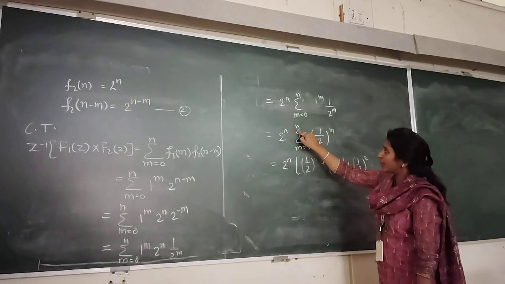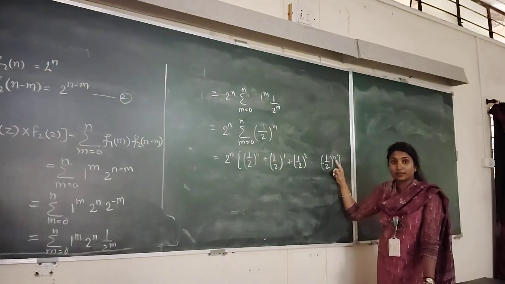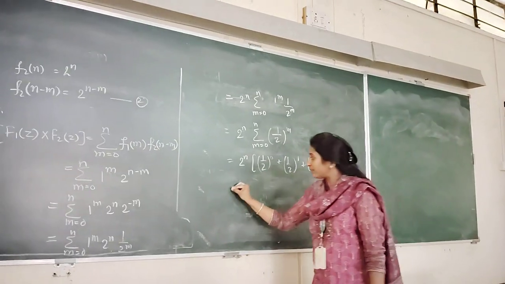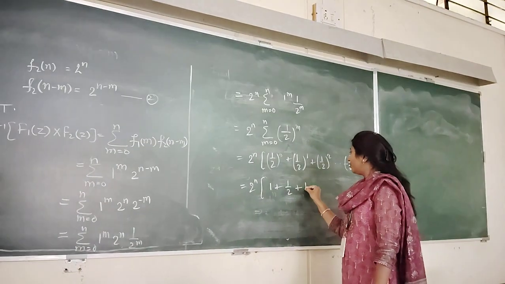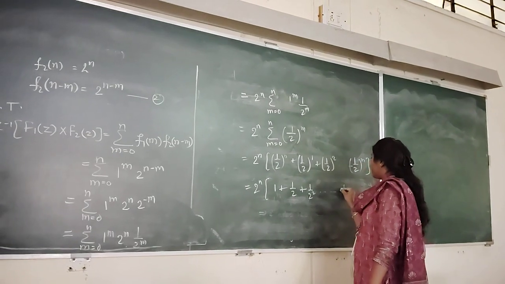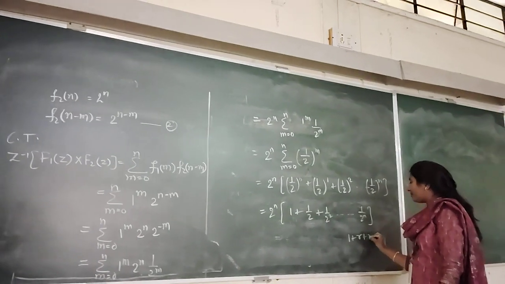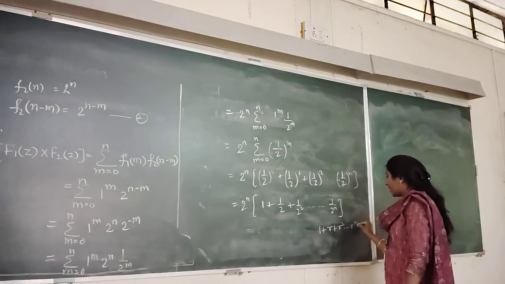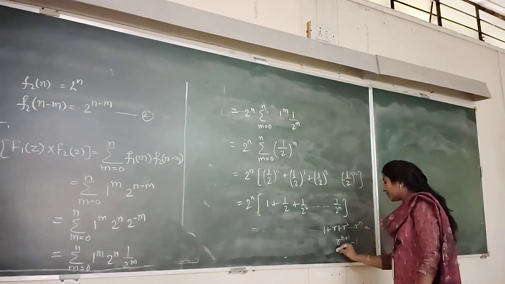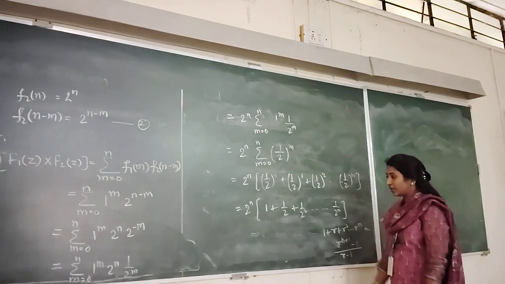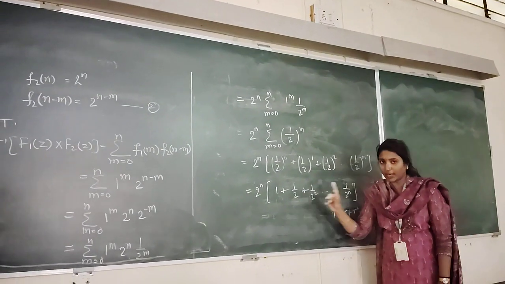Here the upper value is n, so 1 by 2 raised to n is the last term. Now we have 2 raised to n times (1 plus 1 by 2, plus 1 by 2 square and so on). By the geometric series formula, 1 plus r plus r square up to r raised to n is equal to (r raised to n plus 1 minus 1) upon (r minus 1). Comparing, r is 1 by 2.